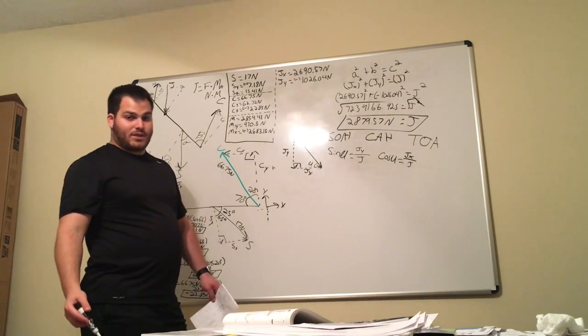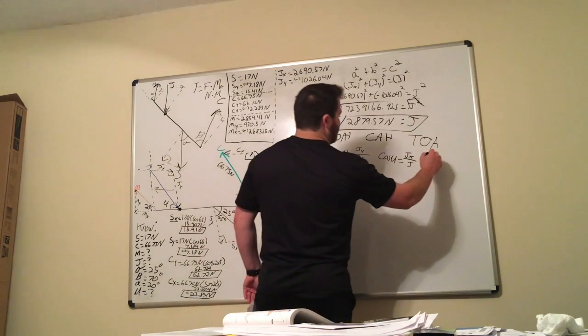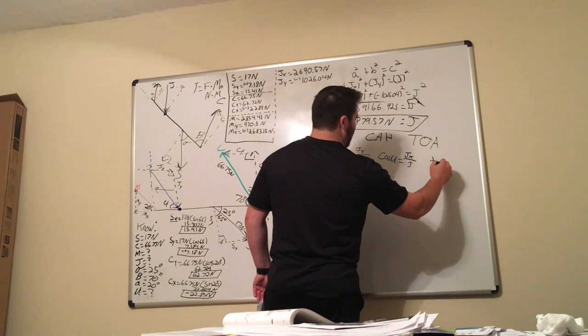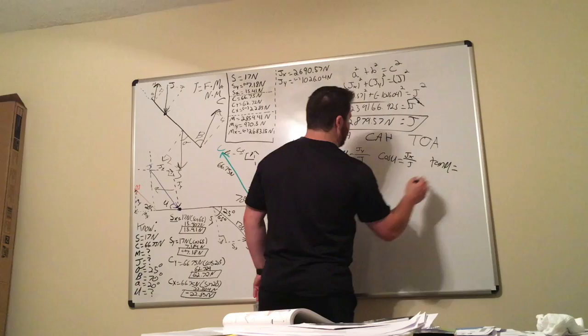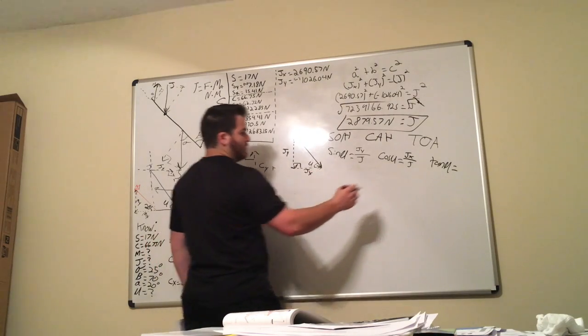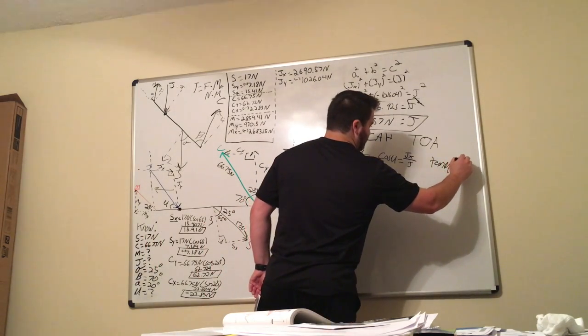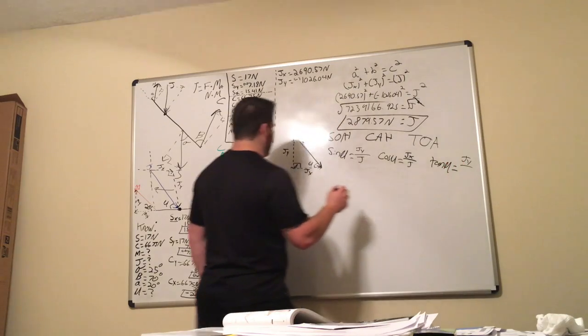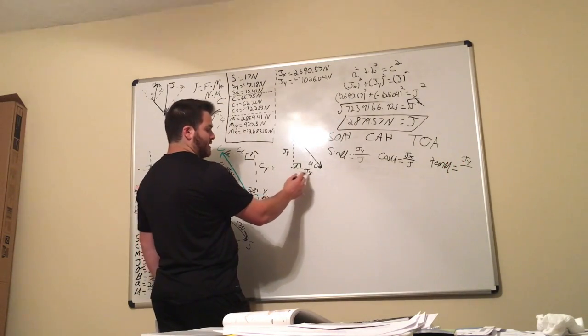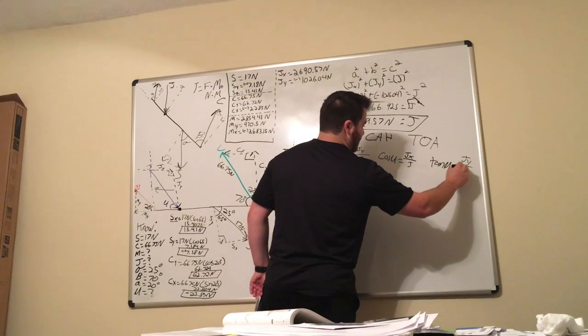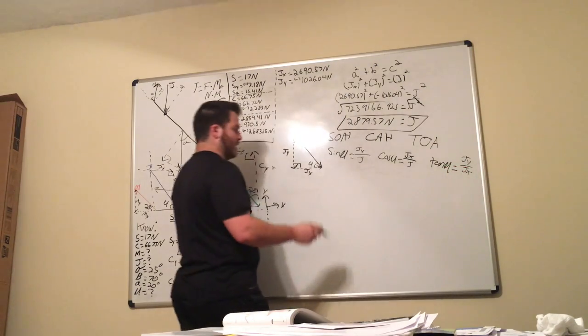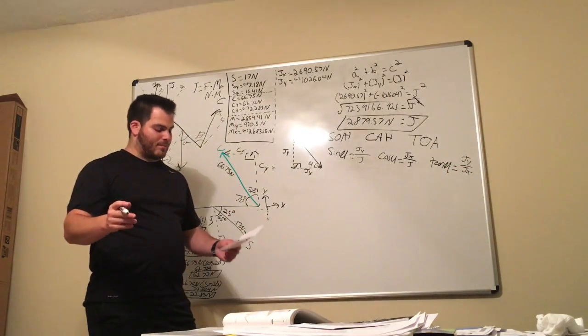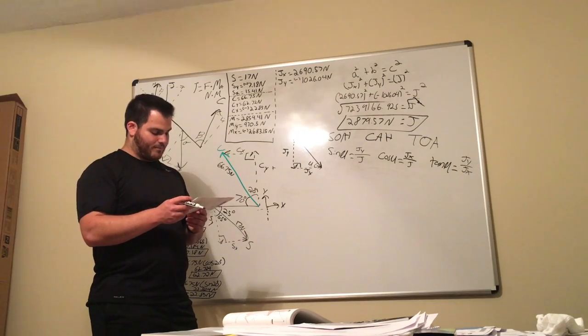And if you want to use the tangent formula, you do the tangent of mu is equal to your opposite, your j of y, over your adjacent, which is your j of x. I'm going to solve it using the sine, but they should all come out to be the same exact thing.